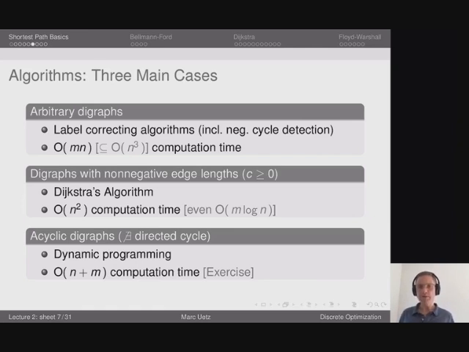And once you have sorted the vertices of the graph in that order, you can set up a very simple dynamic programming algorithm, and you even get a linear computation time, right? Because notice that the encoding length of a graph is certainly the number of vertices and the number of edges of the graph. So better than this is hardly possible when you want to compute shortest paths, and you at least have to look at the whole graph.